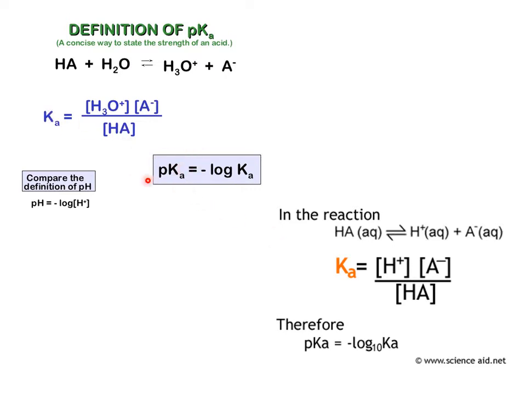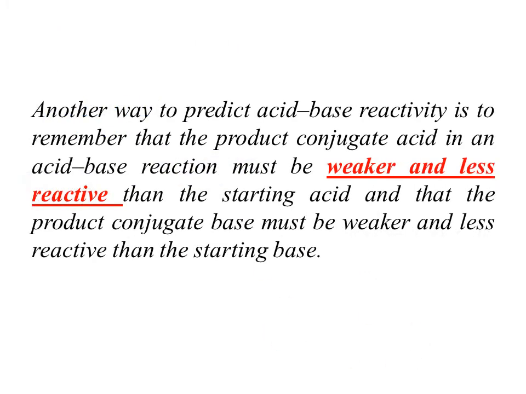Okay, the pKa expression is the negative log of Ka. Another way to predict acid-base reactivity is to remember that the product conjugate acid in an acid-base reaction must be weaker and less reactive than the starting acid, and that the product conjugate base must be weaker and less reactive than the starting base.